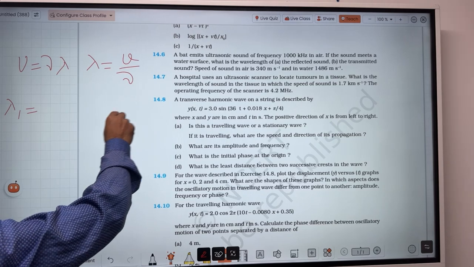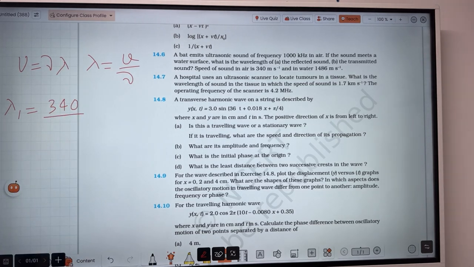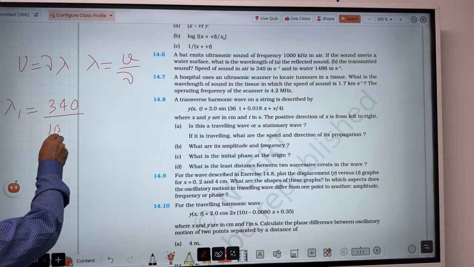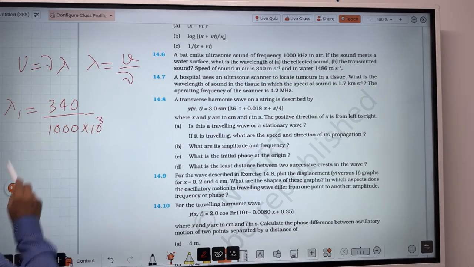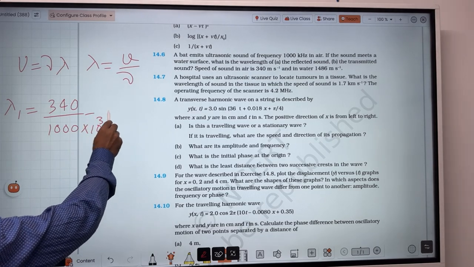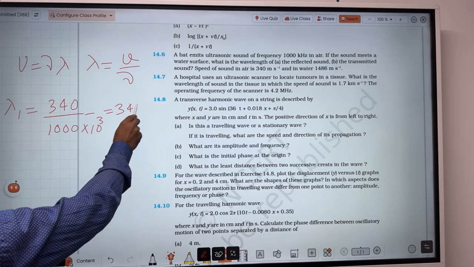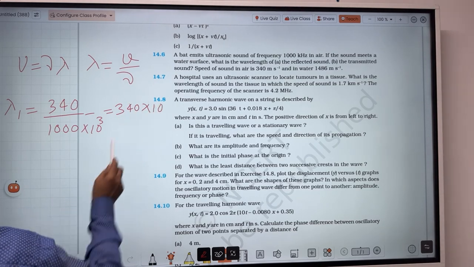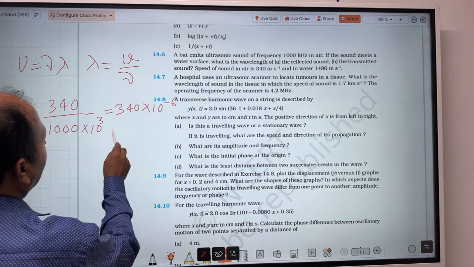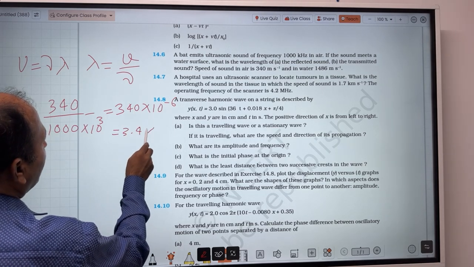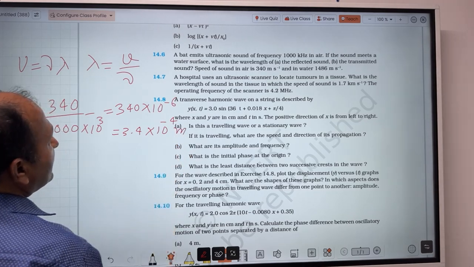Lambda 1 is velocity 340 divided by frequency, 1000 kilohertz, 1000 into 10 to the power 3 hertz. So this will come out to be 340 into 10 to the power minus 6. So we can write it further as 3.4 into 10 to the power minus 4 meter.